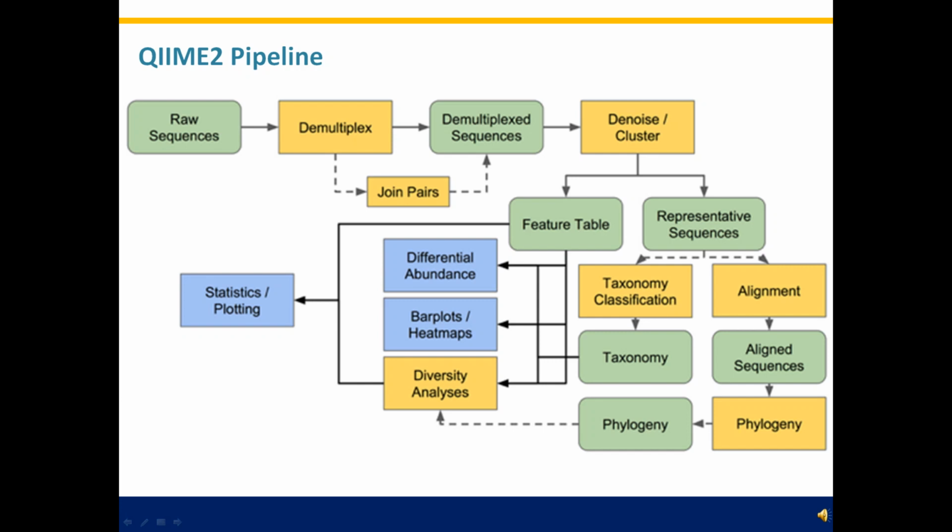With the help of representative sequences, one can go for building a phylogenetic tree by using the alignment methods on aligned sequences. Both rooted and unrooted trees can be built using the phylogeny option.